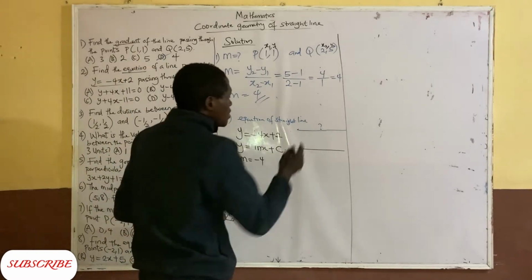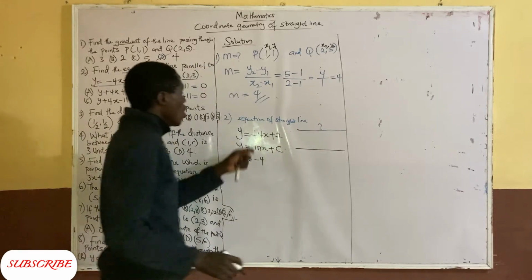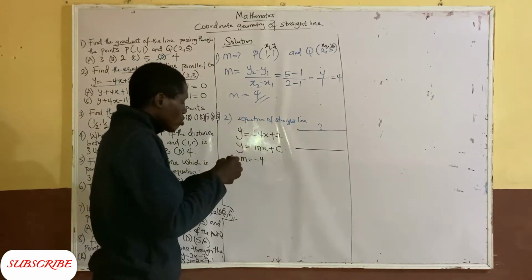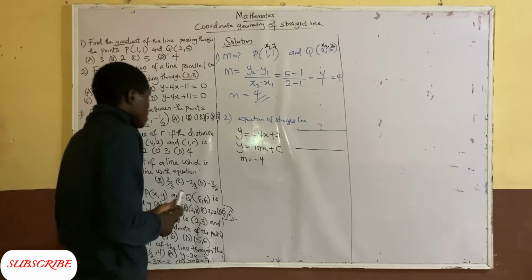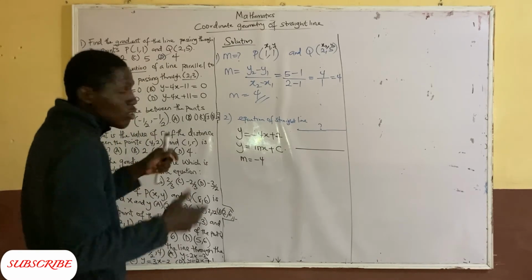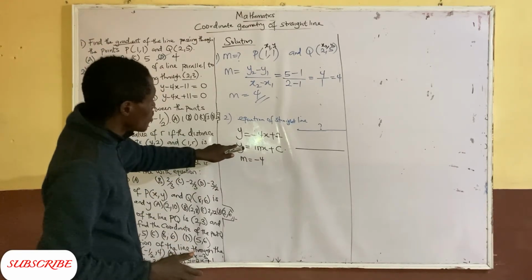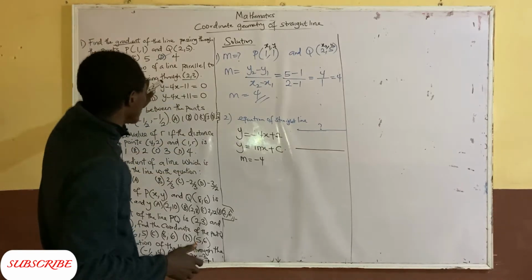So meaning that this will have the same slope as well. They are going to have the same slope. So since they are going to have the same slope, that's why we have to find the slope of the line given to us.